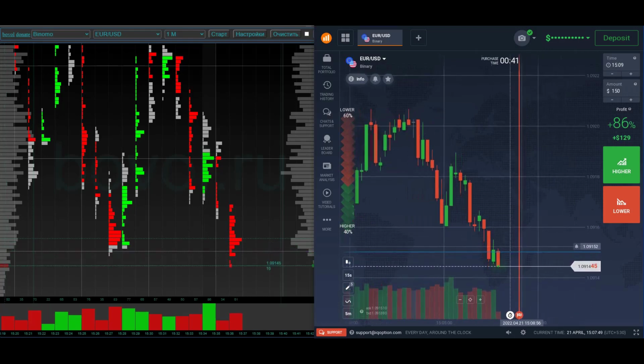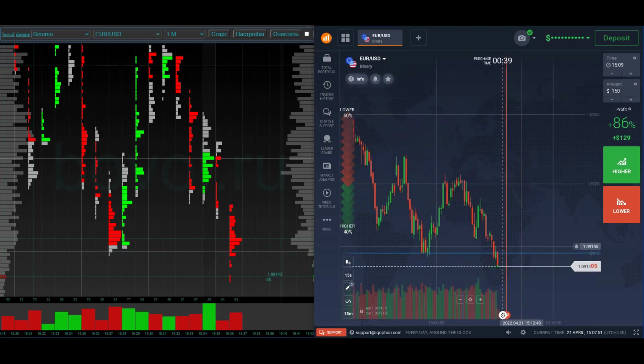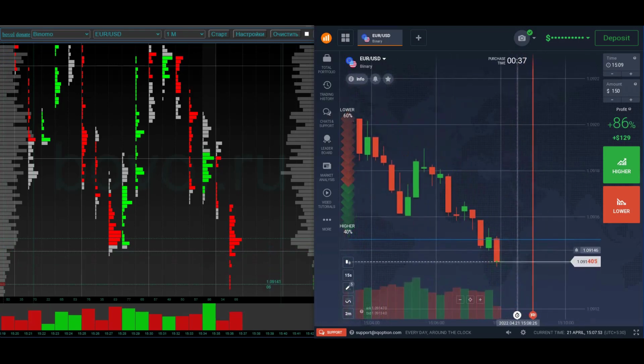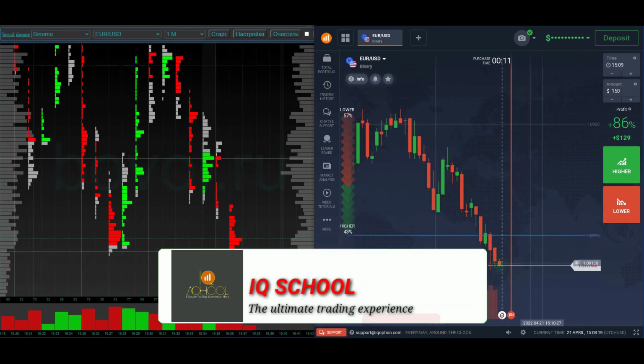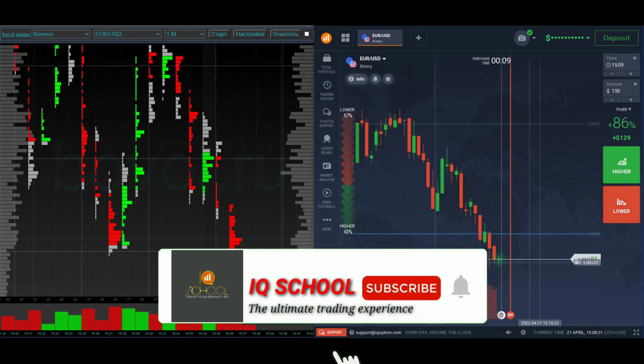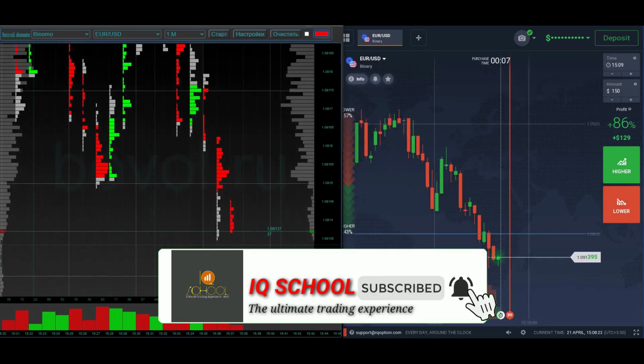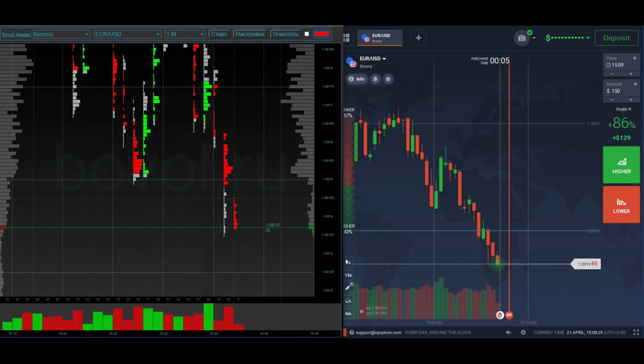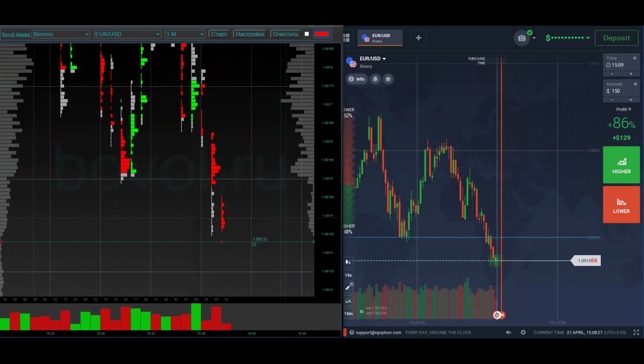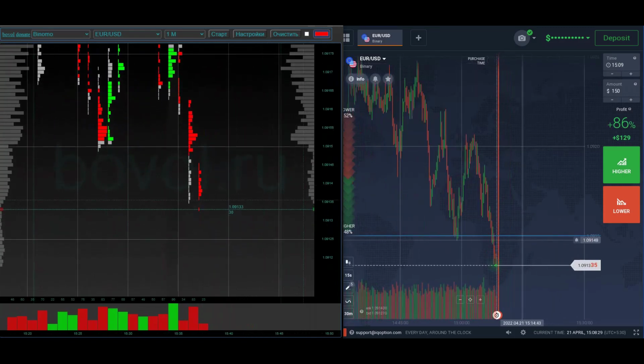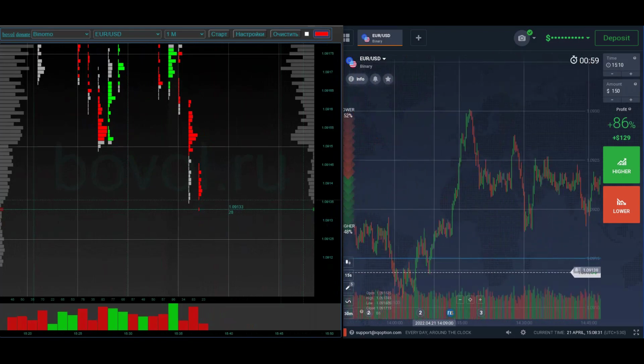There are chances to go more down from here, so I'm looking for a good entry point. Still the market is going down. We don't have any strong levels.